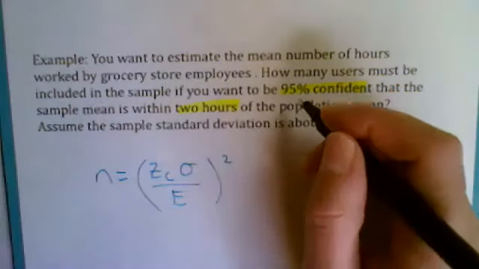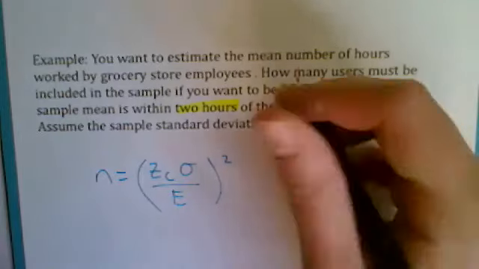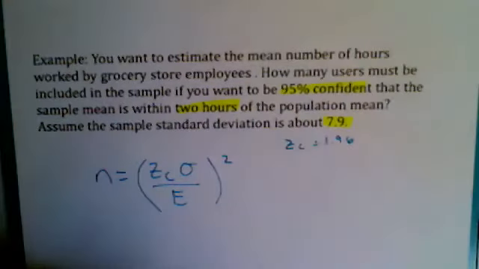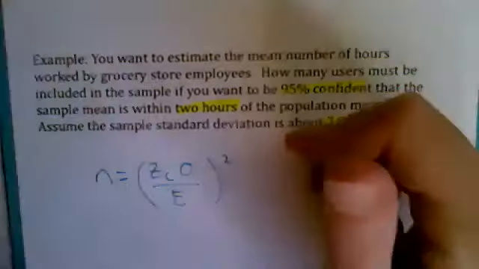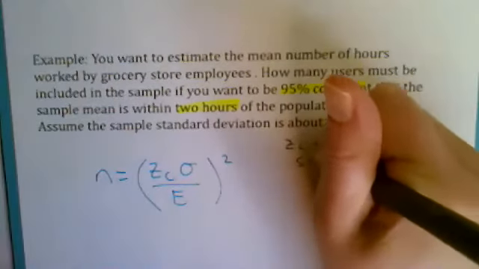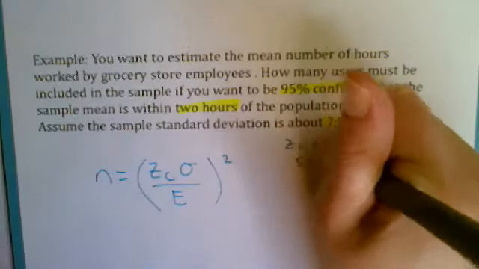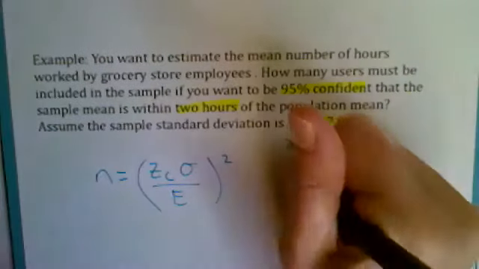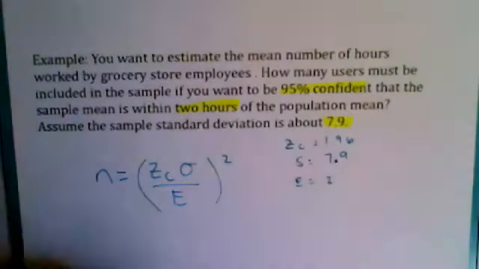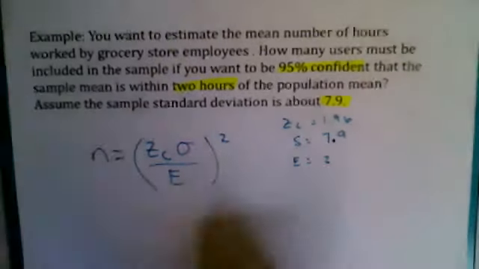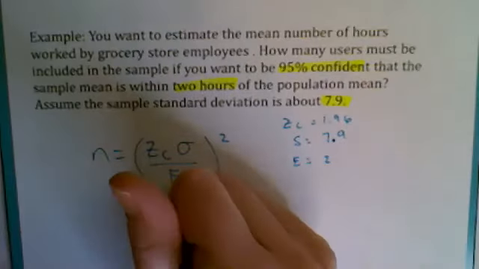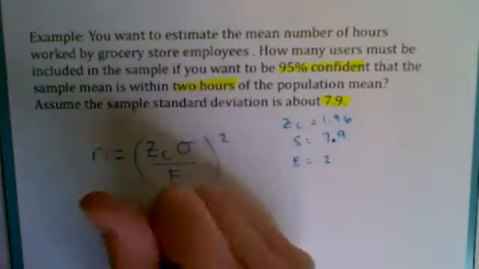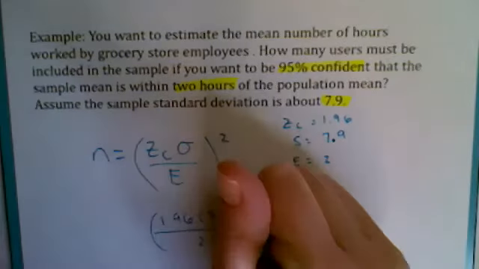We are using 95% confident, so remember, that is going to be 1.96. The sample standard deviation, we're going to use that for sigma, is 7.9. And within 2 hours is actually going to be my error in this case. So let's plug in: 1.96 times 7.9 divided by 2, squared.